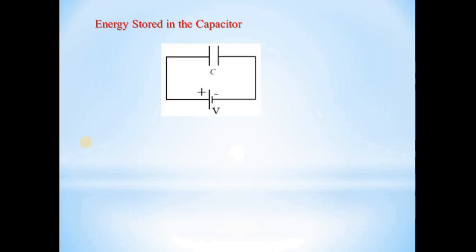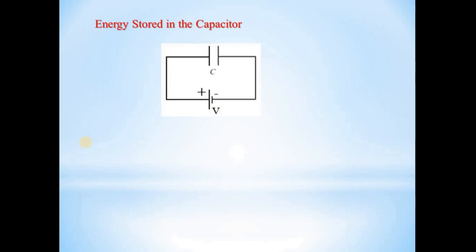Hence work will have to be done by the battery in order to move the electrons against the opposing forces, and these opposing forces arise since the electrons are being pushed to the negative plate, which repels them, and electrons are removed from the positive plate, which tends to attract them.